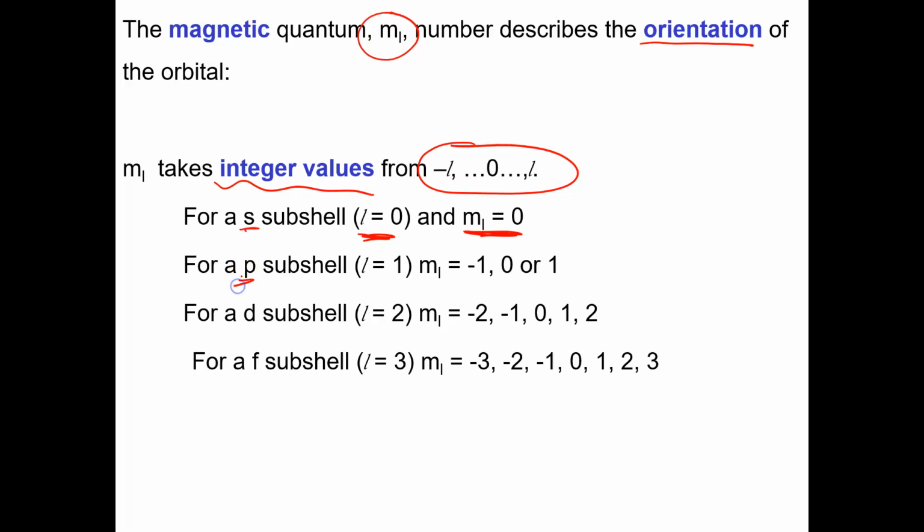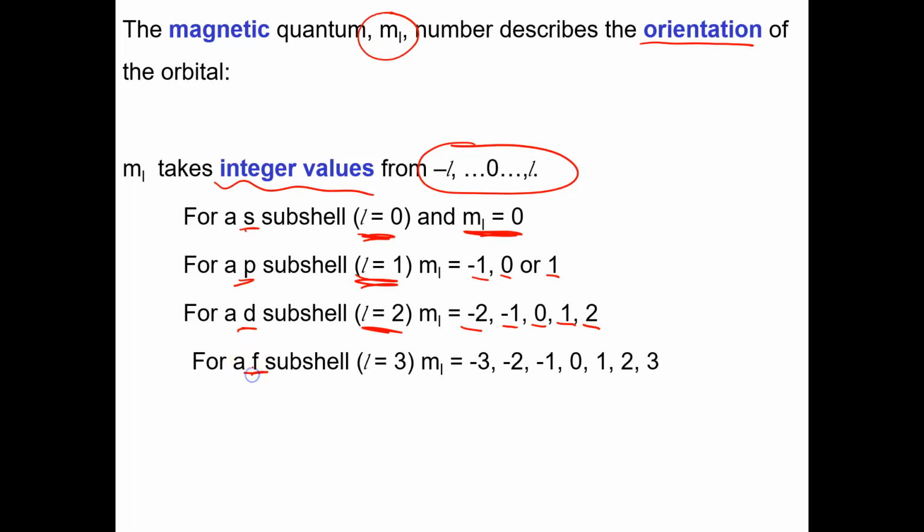For a p subshell, where l equals 1, ml can be equal to -1, 0, or +1. For a d subshell, where l equals 2, possible values for ml would be -2, -1, 0, 1, or 2.